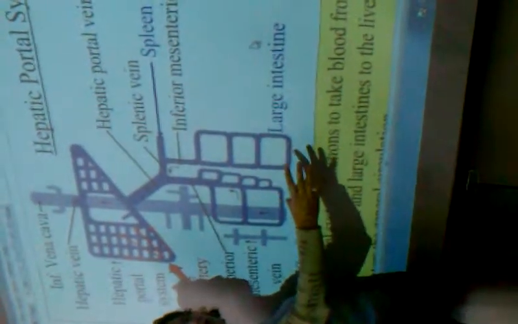And so in order to do that, it must receive the blood from the small intestine and from the spleen, and it does it by having all of that blood from our superior mesenteric vein, from our inferior mesenteric vein, from our splenic vein, drain into a special vein called the hepatic portal vein.